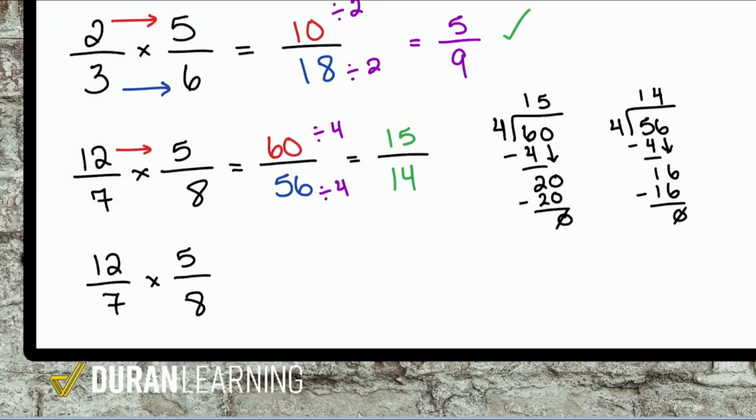Everybody, what number can go into both 12 and 8? What's the biggest number that you can think of? Because 2 is definitely one of them, but it's on the smaller side. Correct, 4. That same 4 that we noticed we could take out at the end, we can take it out in the beginning. Watch and learn. If I divide the top by 4, the 12 specifically, and the 8 specifically by 4, watch what happens.